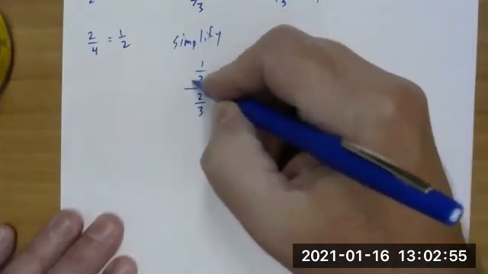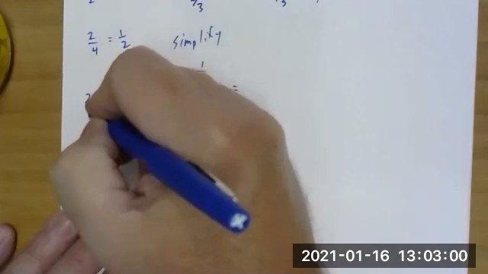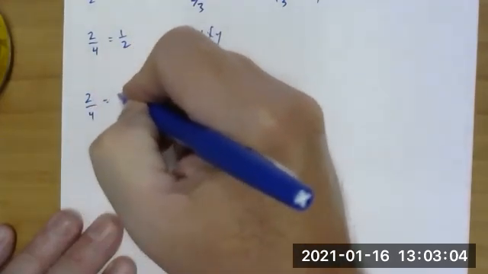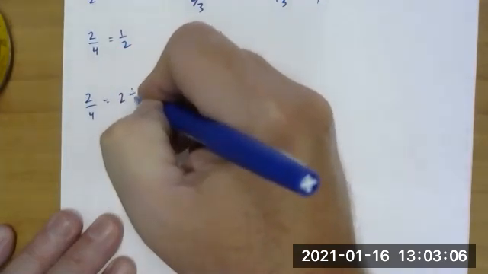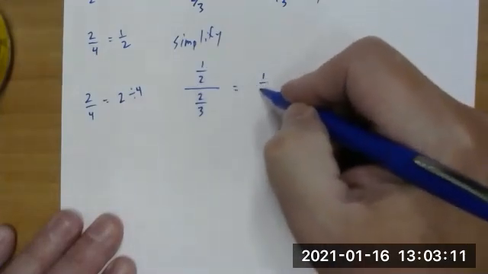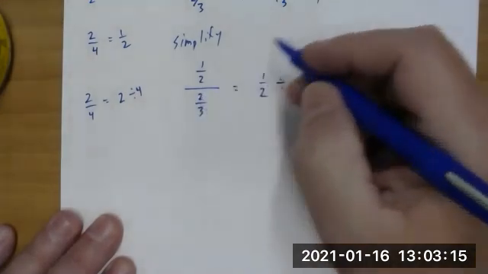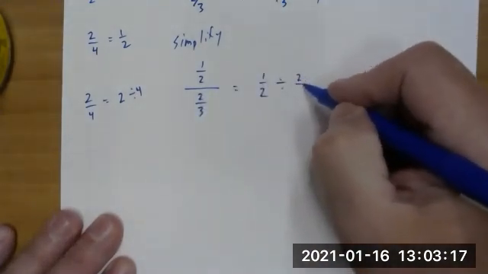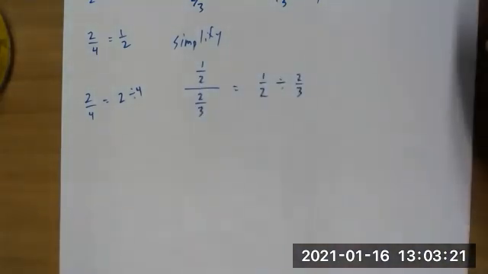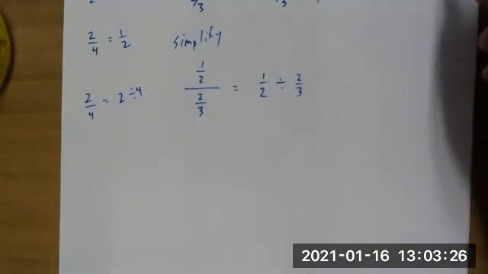So I'm going to take 1/2 as my numerator, just like 2 over 4 can be rewritten as 2 divided by 4. I can take 1/2 and divide by the denominator, or the bottom. So I'm simply taking the overall fraction and rewriting it as a division problem.